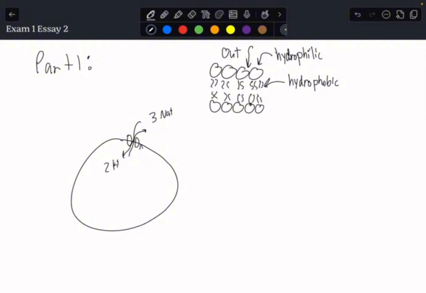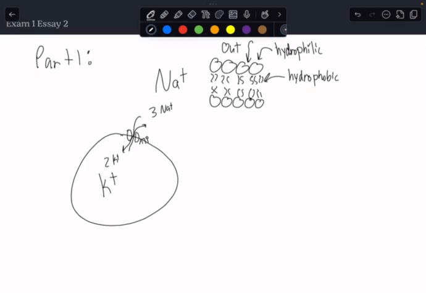And this requires energy, ATP. Eventually, this creates a huge gradient where there's a ton of sodium on the outside of the cell, and just a ton of potassium inside the cell.